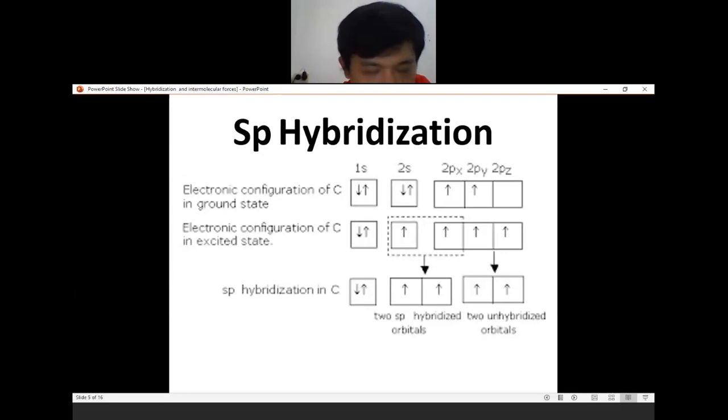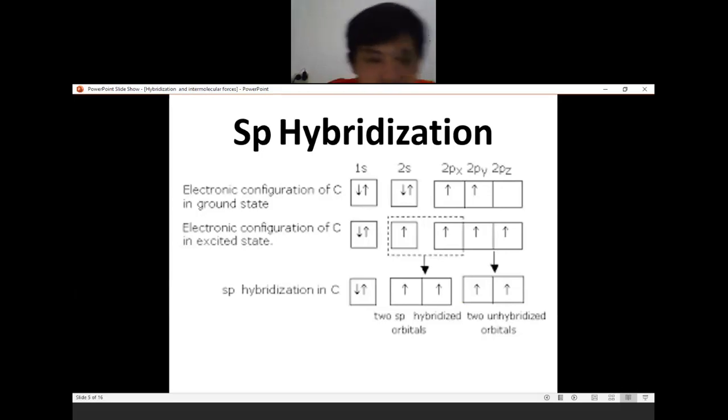And then there is sp hybridization. Repeating again, the atomic configuration of carbon in the ground state is 1s2, 2s2, and 2p2: one in px, one in py, and empty in pz. For the atomic configuration of carbon in the excited state, it is 1s2, 2s1, and 2p3.